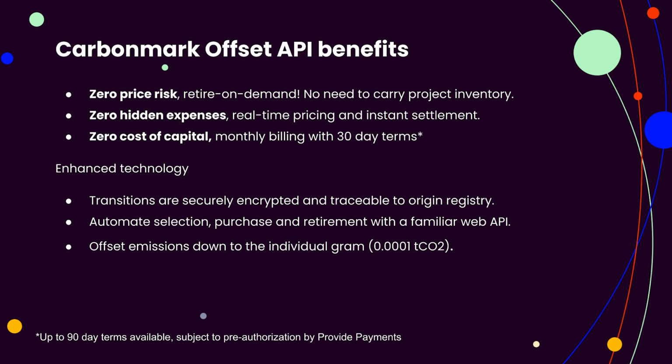The API will be quoting the projects in real time. And when you do a retirement, that price transparency can be carried the whole way through to yourself and also to the customer as well. So there's really zero hidden expenses here. Everything's transparent. You can see it all in real time. There's no waiting or carrying that price risk anymore.